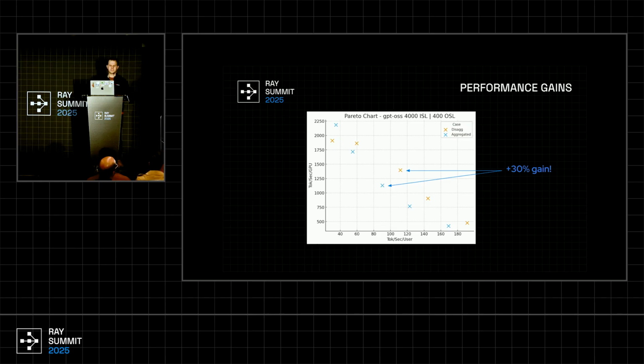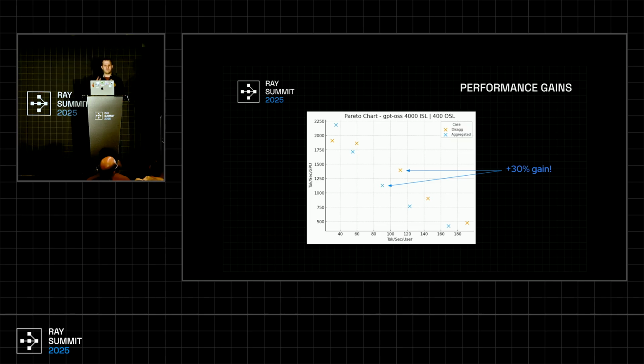And the overall goal is that we want to be up and to the right. So for a given latency, you want to have more throughput, or for a given throughput, you want to have less latency. What we can see is that in the super low latency and super high throughput regimes for the single node, the aggregated and disaggregated cases get pretty close.